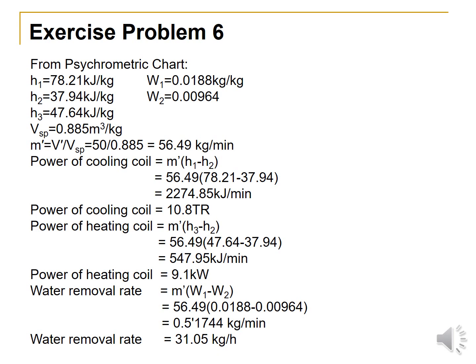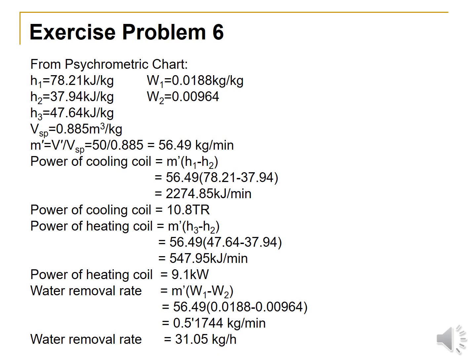Putting in the values, the power of the cooling coil was calculated to be 2274.85 kilojoules per minute. And we will divide this value by 210 because 1 ton of refrigeration is equal to 210 kilojoules per minute. So the answer comes to be 10.8 tons of refrigeration.